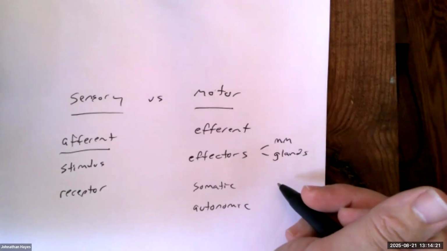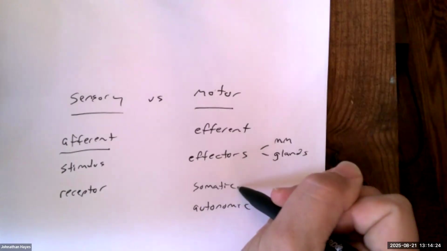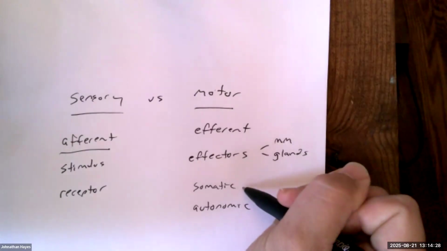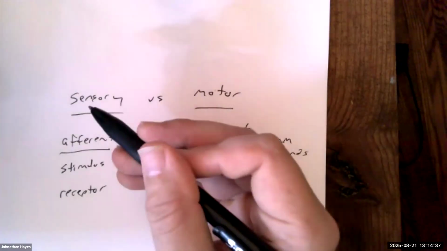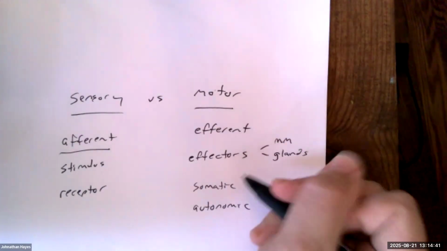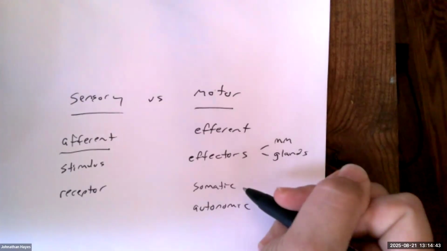Somatic, the word itself, means body. But one of the words I told you to think about when you're dealing with somatic in the nervous system is that it probably has something to do with consciousness or awareness. So if I'm consciously able to feel something, that might be some type of somatosensory thing. But if it's somatomotor or somatic motor, I'm going to something I can consciously control.